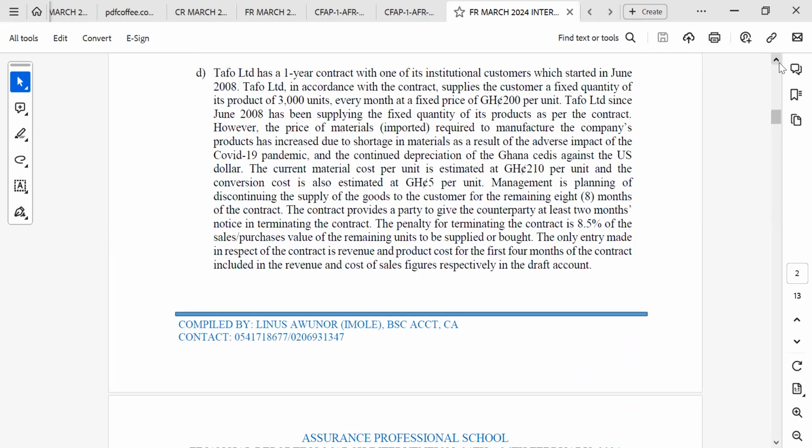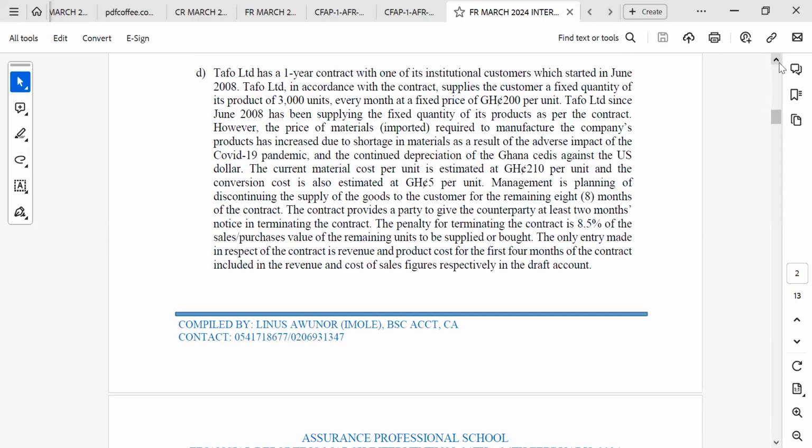If you want to stop, what is the clause in the contract? That we are going to pay 8.5% of the sales of the remaining units. Right now, the purchase price is 215, isn't it? Yes.